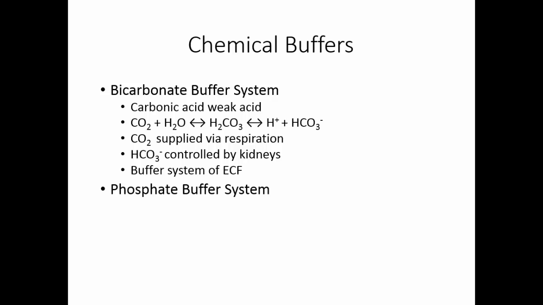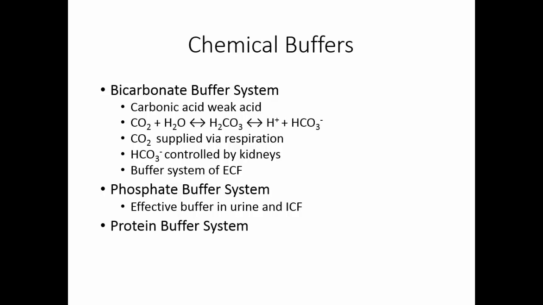The phosphate buffer system is a similar system with a weak acid that dissociates into just a few hydrogen ions. This is a very effective buffer system in the urine and also in the intracellular fluid. And the protein buffer system is based on proteins that are found in the plasma and the cells. You'll remember that one of the major anions in the intracellular fluid was proteins.